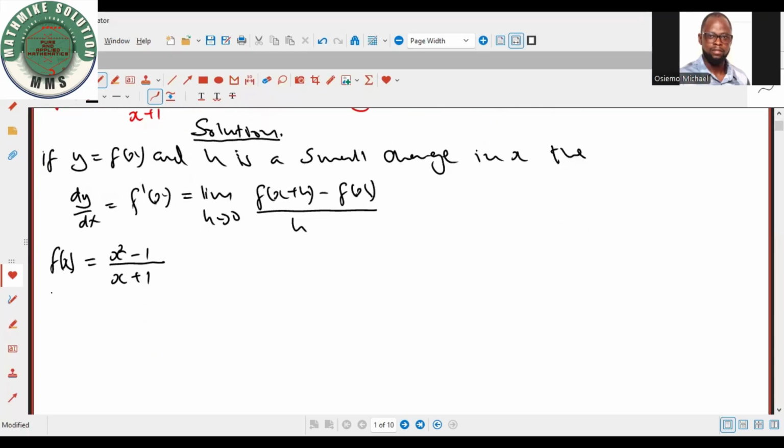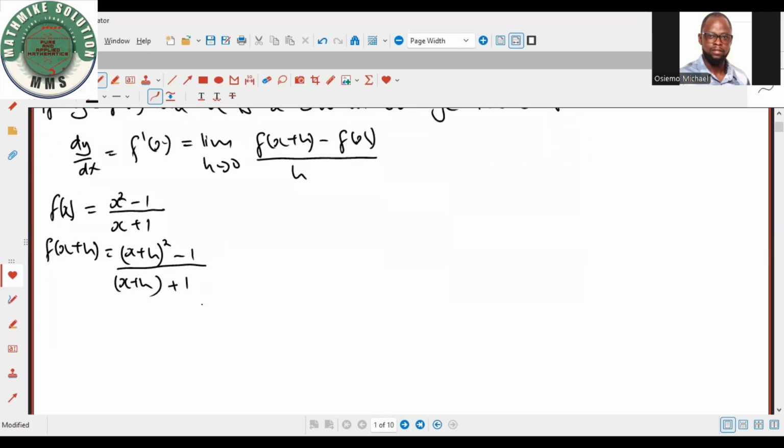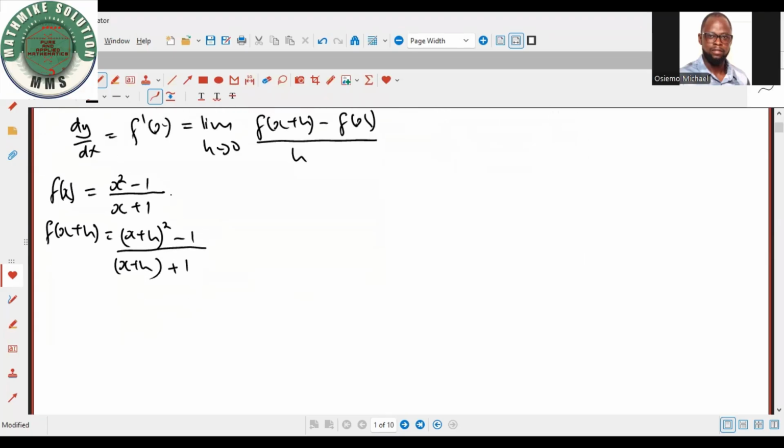We need to find f at x plus h, which means that wherever there is x, we substitute x plus h. So you're going to have x plus h squared minus 1, over x plus h, then plus 1. Is it supposed to be plus 1?